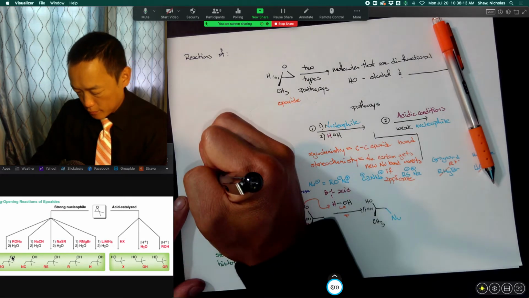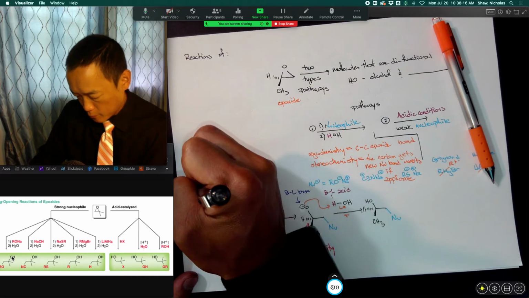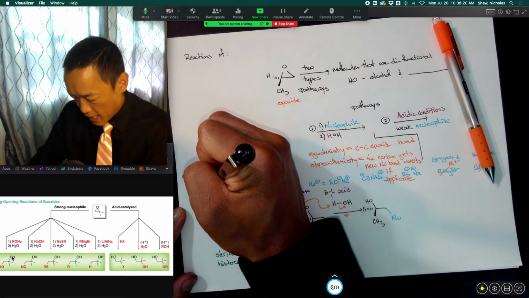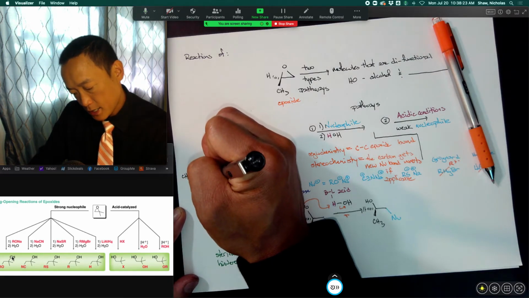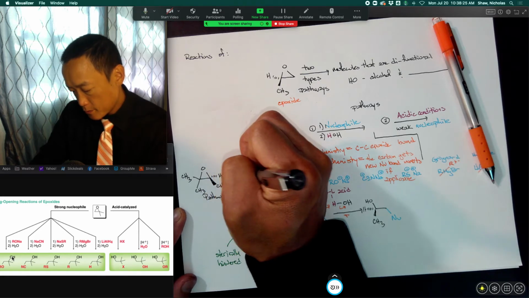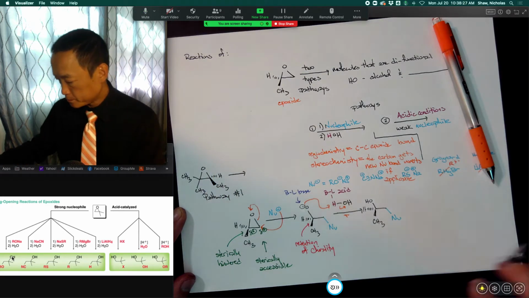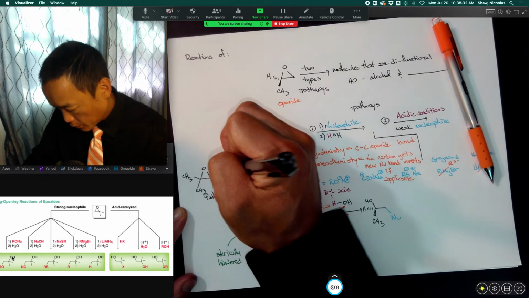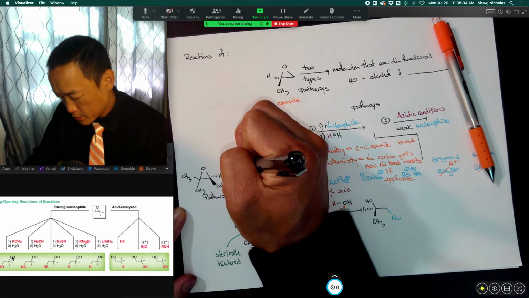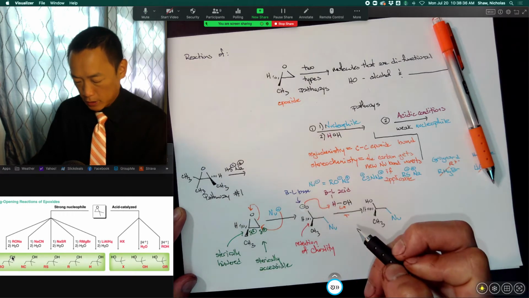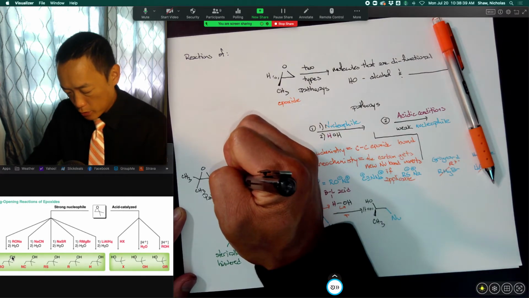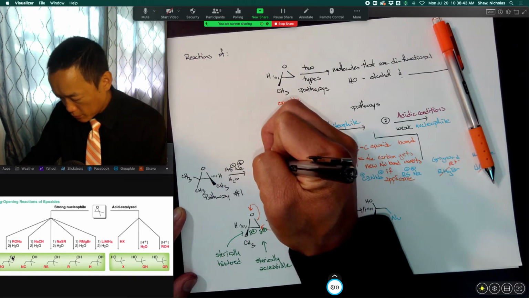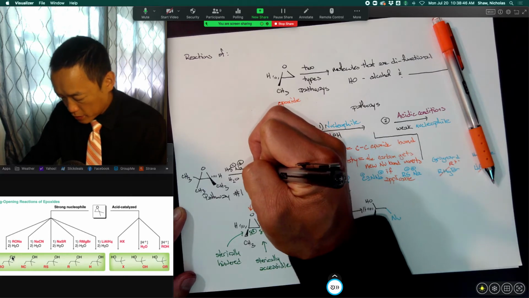So if we were to react this epoxide with thiol, HS minus, and then follow it by water, we would expect these carbons here to remain the same.